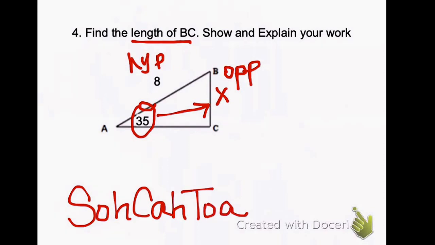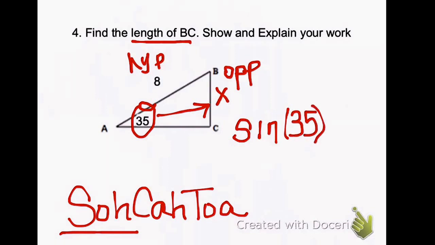Since I'm comparing my opposite and my hypotenuse, that would give me the sine part of SOHCAHTOA. So I'm going to write down sine theta is 35. My opposite side is x, and my hypotenuse is 8. So if I want to find what x is, I need to make a proportion and cross multiply.